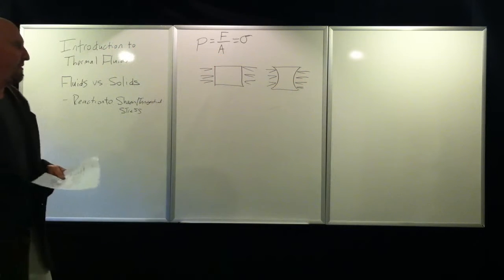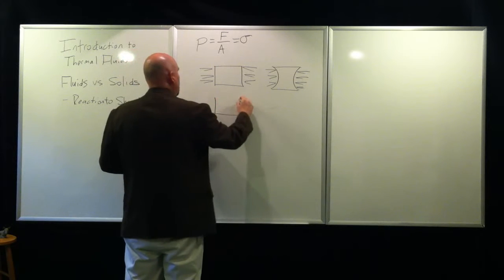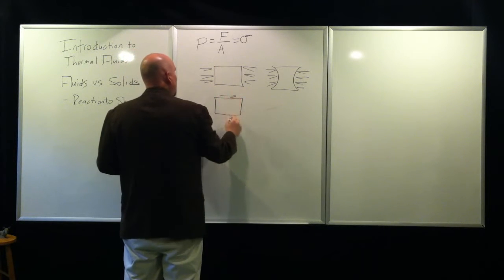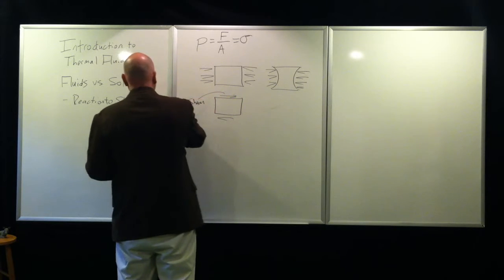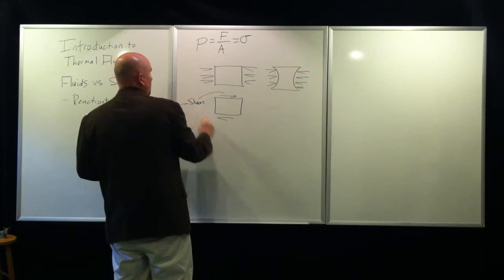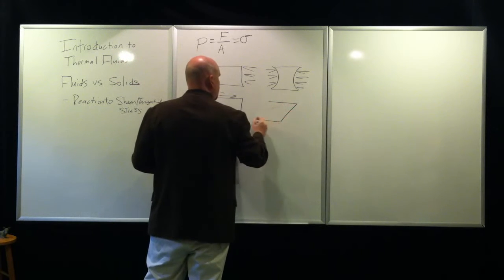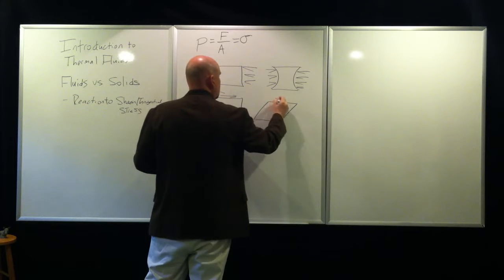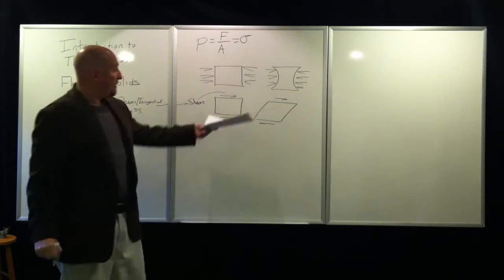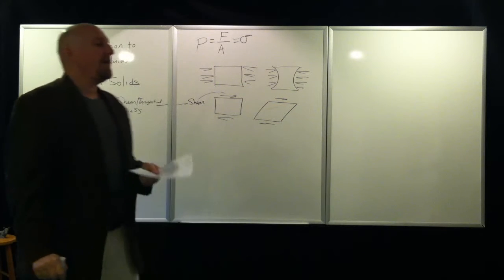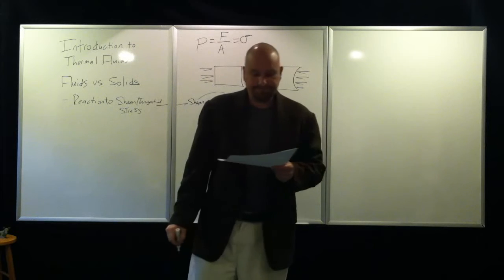That's going to be the way it's going to react. And if we had, now focusing on, this is going to be shear or our tangential stress. The result is going to be something like that, represented by that computational fluid mechanics and heat transfer book.